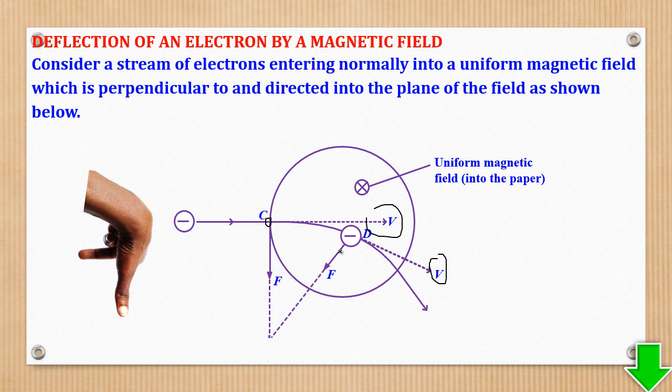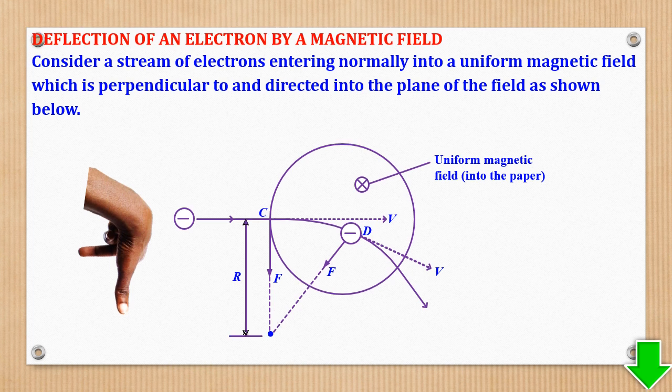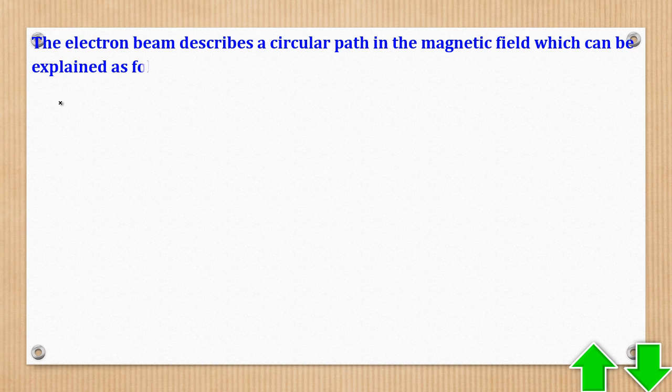When magnitude is the same but direction changes, it means that now that is circular motion. So we can conclude that an electron follows a circular path inside a magnetic field. So when these are elongated, you come up to the center, meaning this is the radius of that circular path. So the electron beam describes the circular path in a magnetic field, which can be explained as follows.